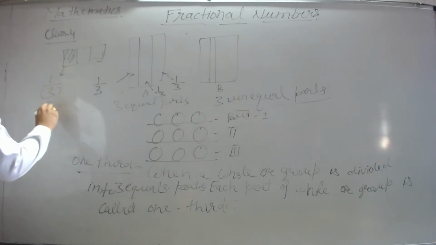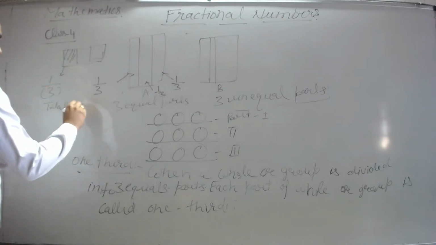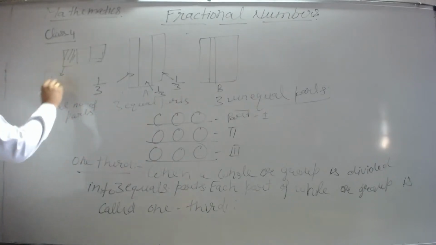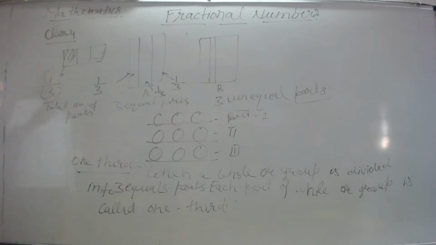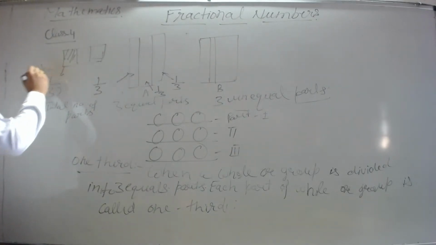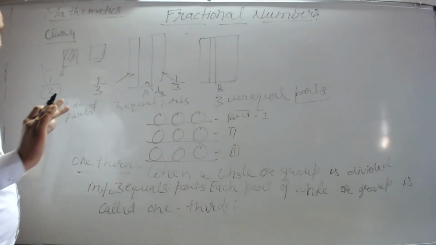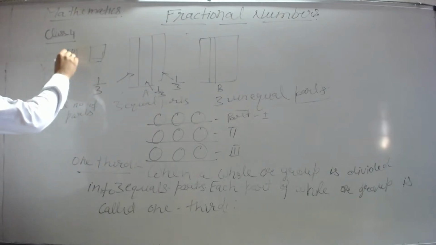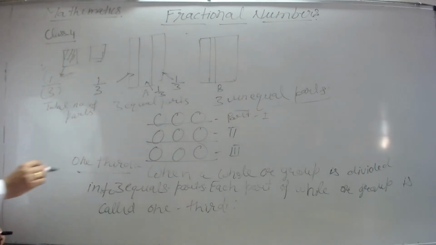This 3 is the total number of parts, and the 1 tells us how many equal parts have been taken for consideration. So one part is shaded out of 3.